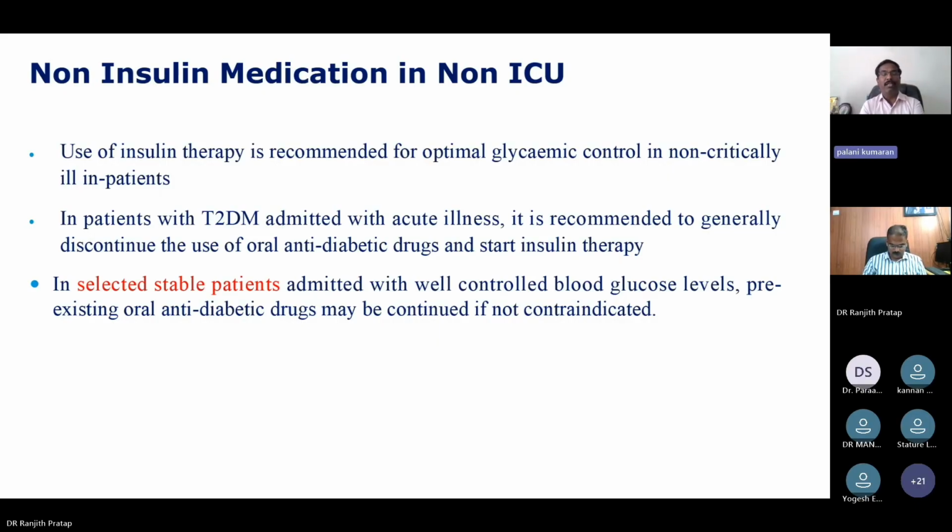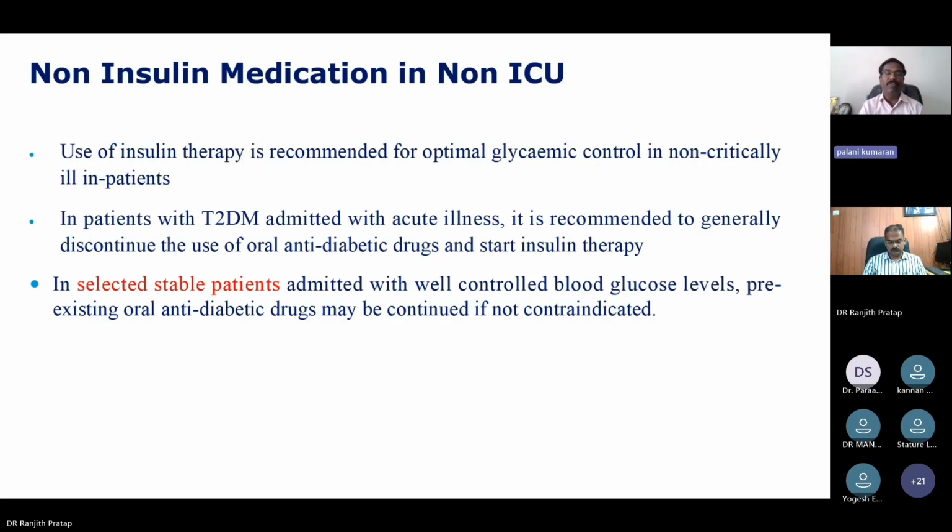Certain drugs can be advocated, especially DPP-4 inhibitors. They are very safe as an add-on therapy along with insulin for glycemic management during the stay. Similarly, metformin can be given whenever insulin alone is not sufficient to achieve good glycemic control. You can have metformin in addition to insulin whenever there is no contraindication.